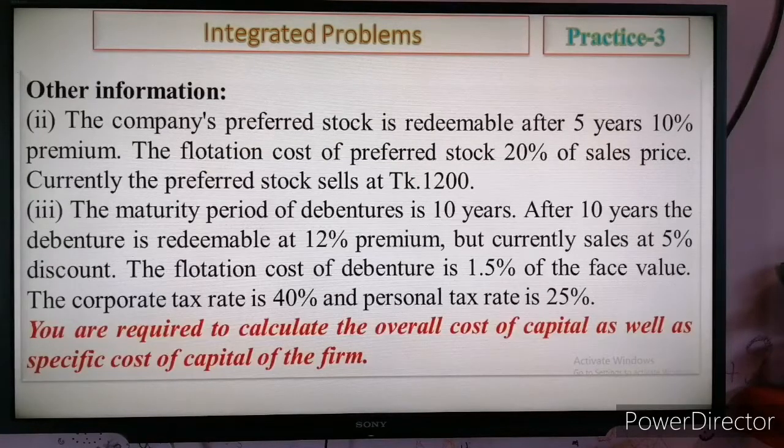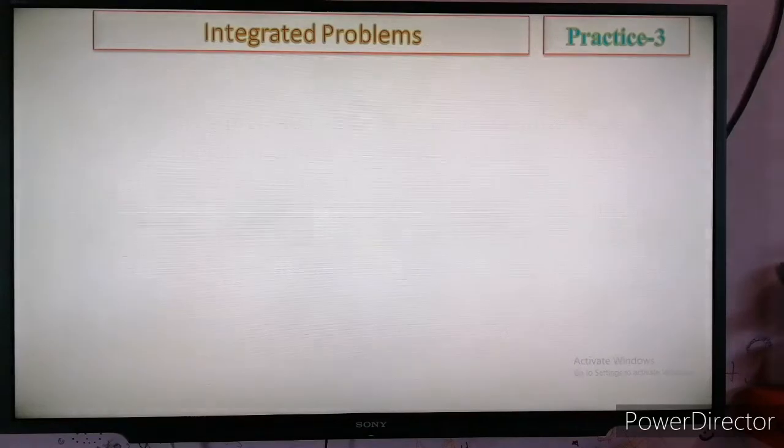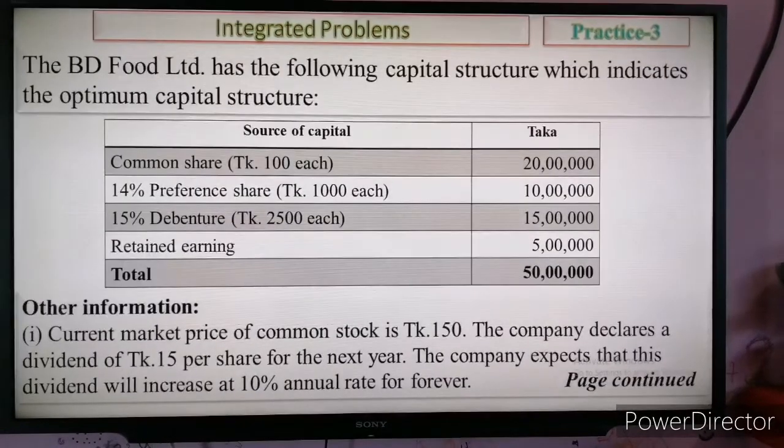My dear students, this is a very big mathematical problem and you have to understand the way to determine the specific cost is the same. Just read carefully the information provided, then utilize the formula, take data from the information and calculate the value or cost. For example, look at information number 1.